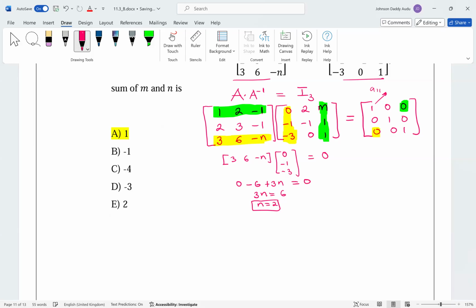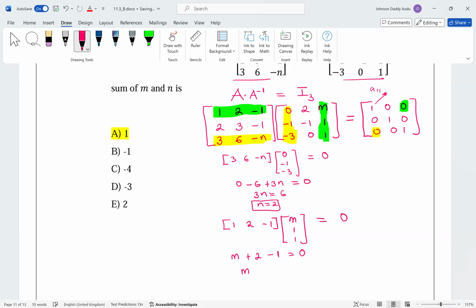So you can say the first row and m is going to be also 0, right? So this will give us m plus 2 minus 1 equals to 0.